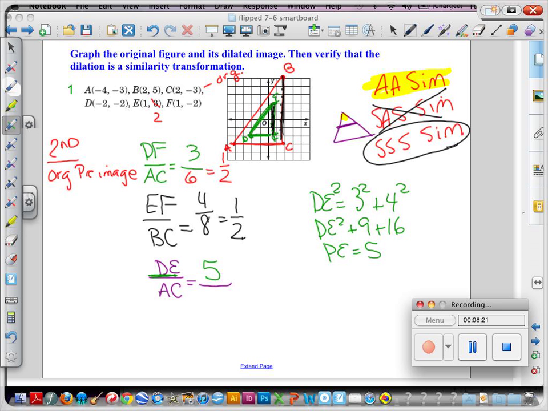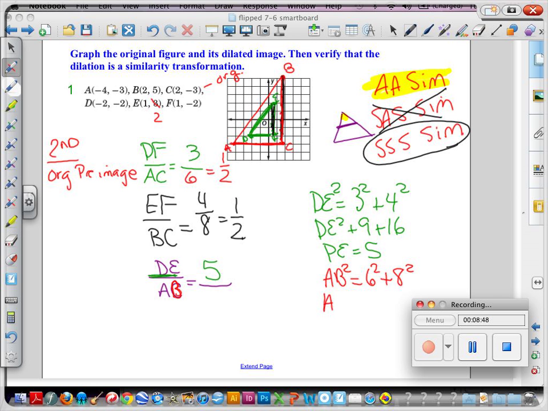Now I've got to do AB, excuse me, this is not right, this is AB. So I'm finding AB. AB squared equals, I'm going to count these, 1, 2, 3, 4, 5, 6. That's 6 squared. I'm going to count these going up: 1, 2, 3, 4, 5, 6, 7, 8.